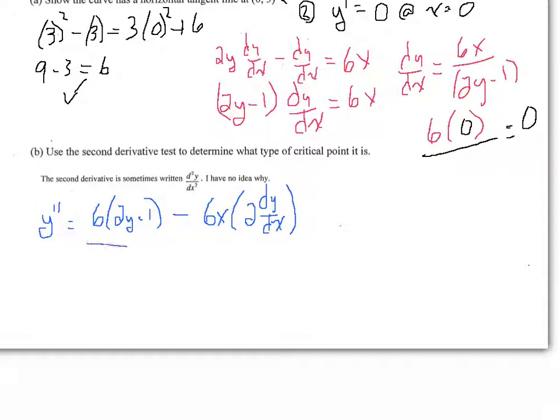Then we're going to divide the whole thing by the square of the second, so 2y minus 1, the quantity squared.